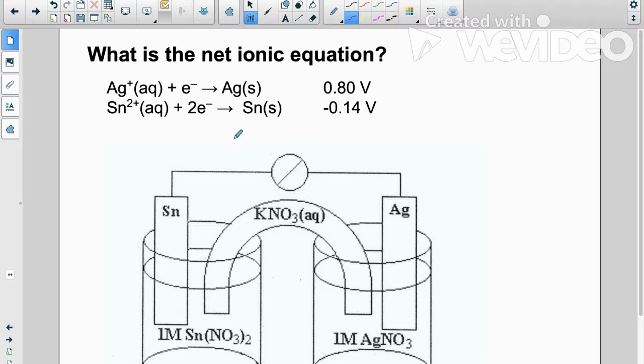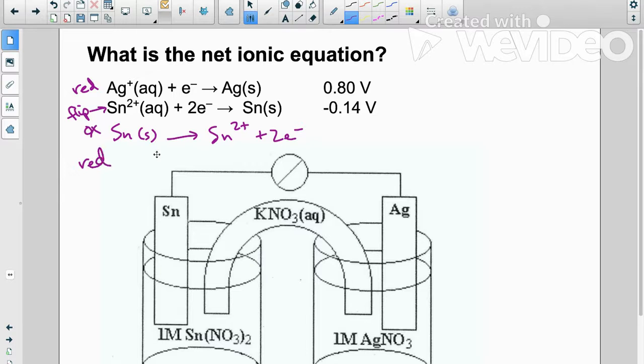All right, what's the net ionic equation? So again, here's our reduction. This is written as a reduction, so for the actual oxidation that's occurring, we have to flip this reaction. The actual oxidation that's occurring is that Sn is turning into Sn2+ plus 2 electrons. There's our oxidation.